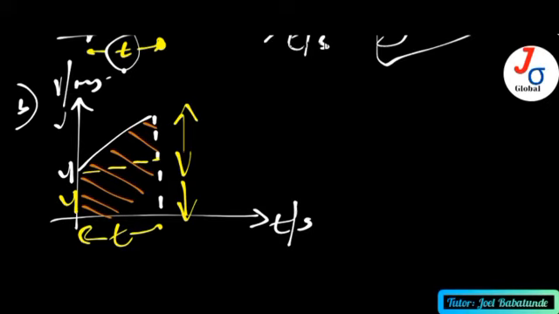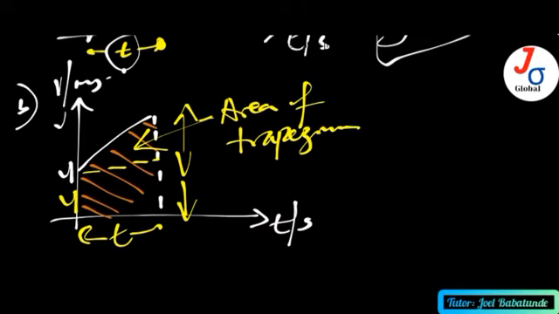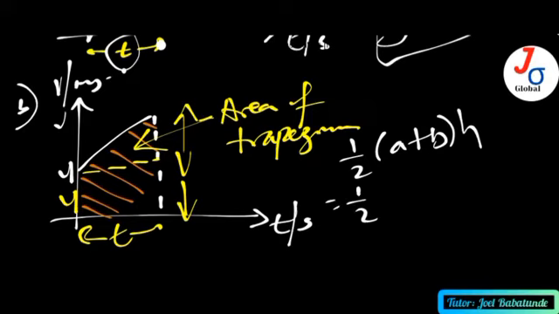Okay, so what is the total distance traveled? That will be the area of the shape, so the area of a trapezium. And I believe you should be able to remember the area of a trapezium from your geometry class: half a plus b times h. Here a is u, b is v, and the height of the trapezium is t.